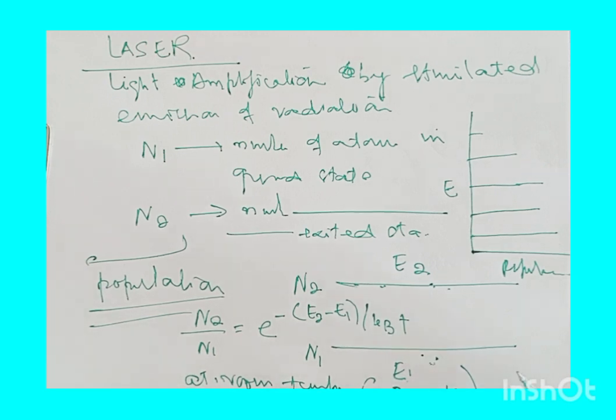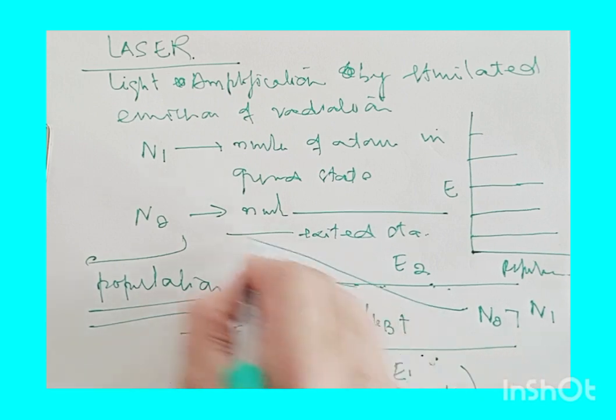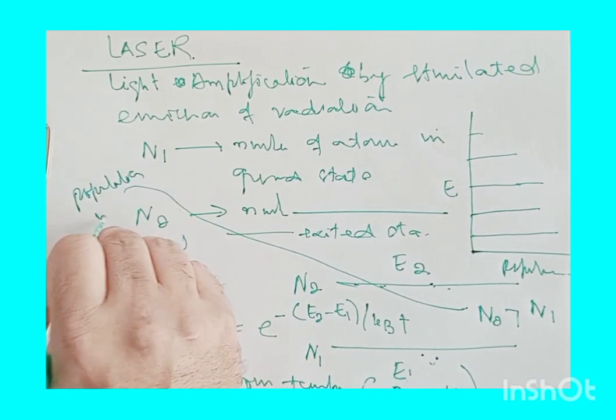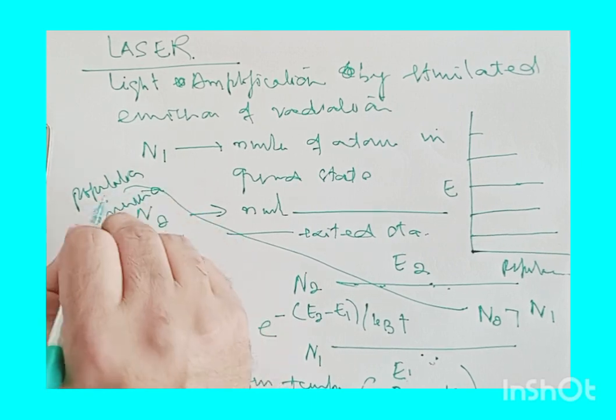That means n2 has to be greater than n1. This inversion is called population inversion.